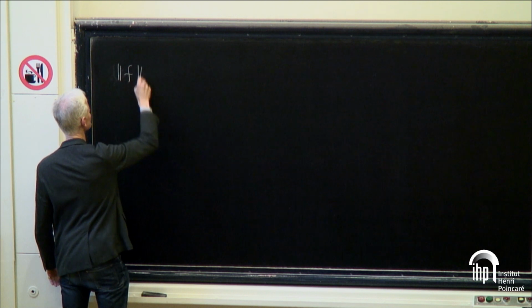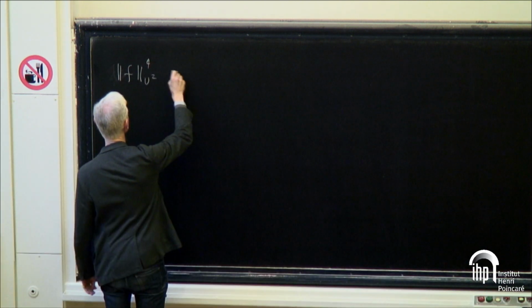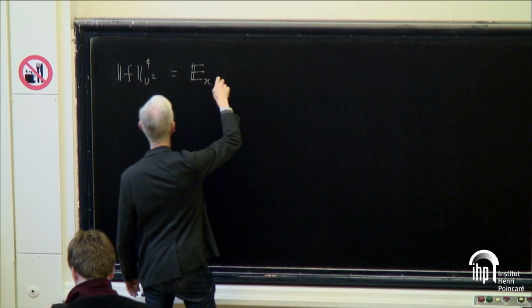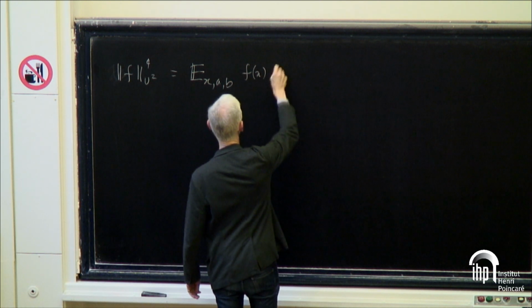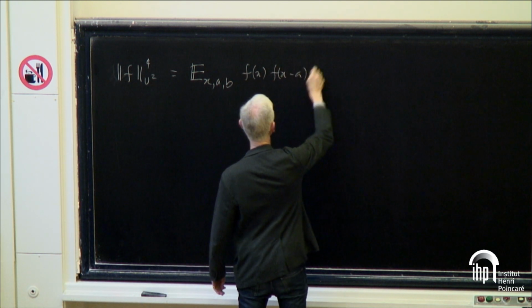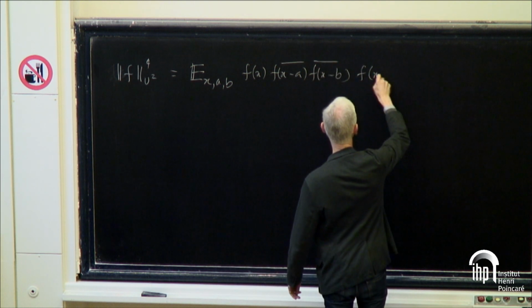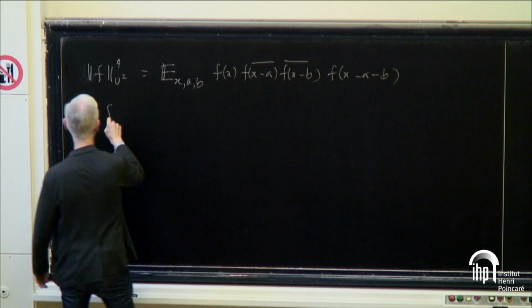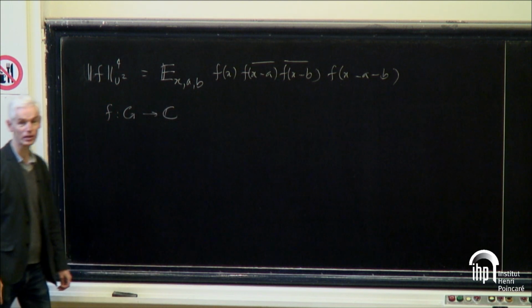I've got to explain what this symbol means as well. So what have we got here? F is a function, I should have said this before, from a finite abelian group to the complex numbers.